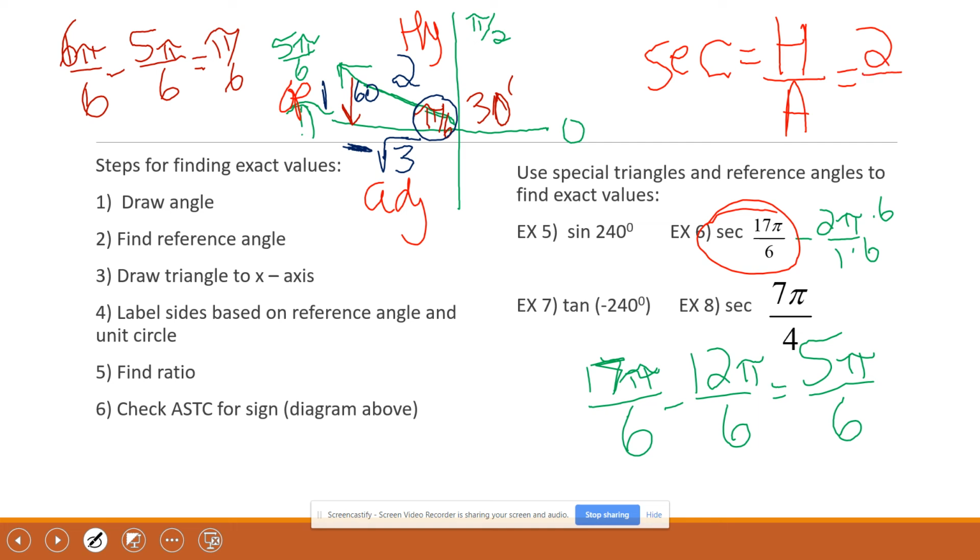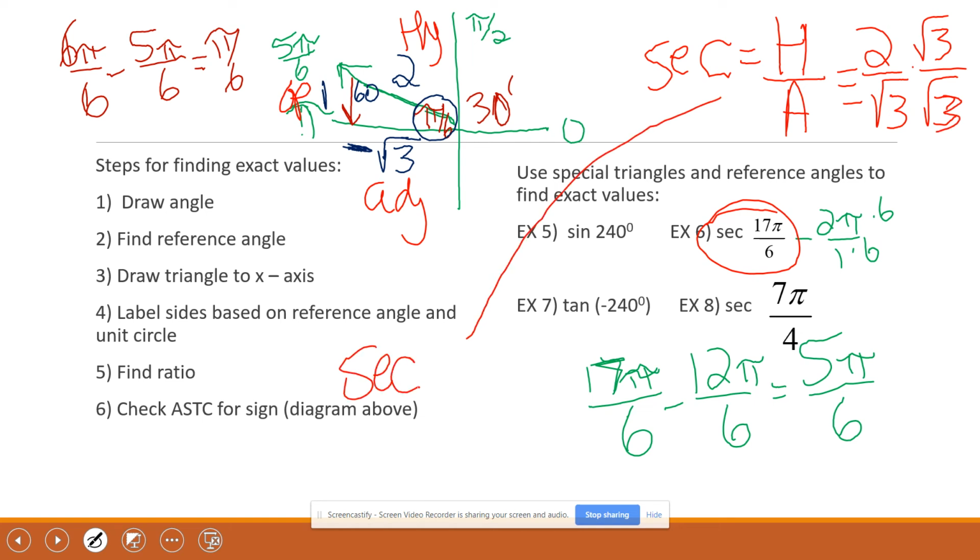So we have 2 over negative square root of 3. Remember that we have to rationalize our denominator. So square root of 3 times the square root of 3 gives us a secant of negative 2 square root of 3 over 3.